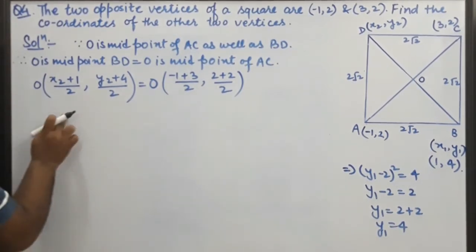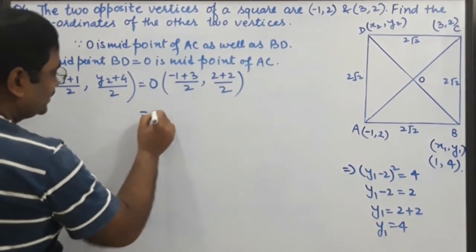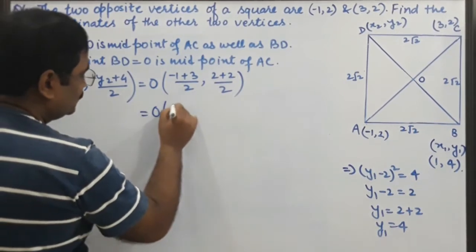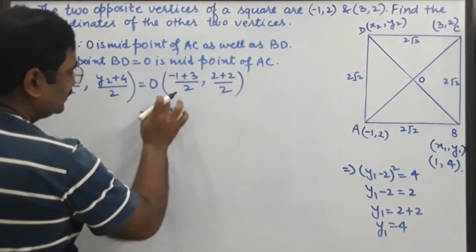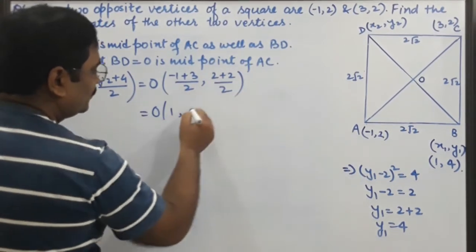Therefore the same can be written as 2 upon 2, 3 minus 1 is 2, which is 1, and 4 upon 2, which is 2.